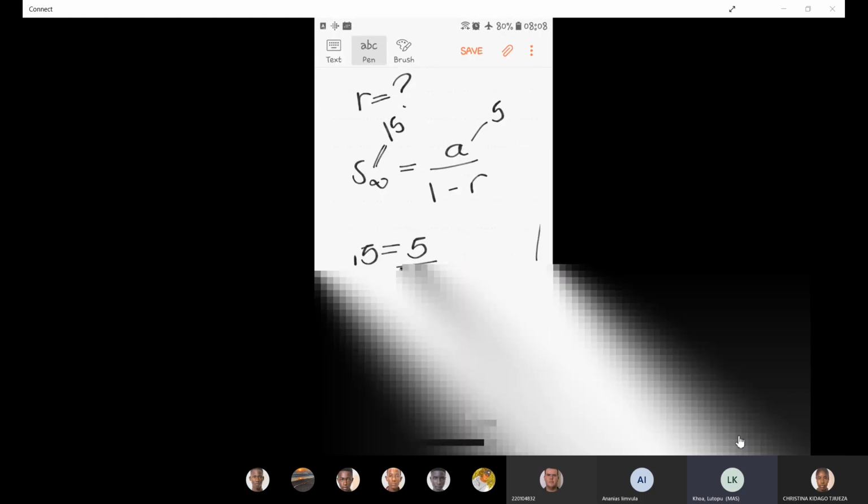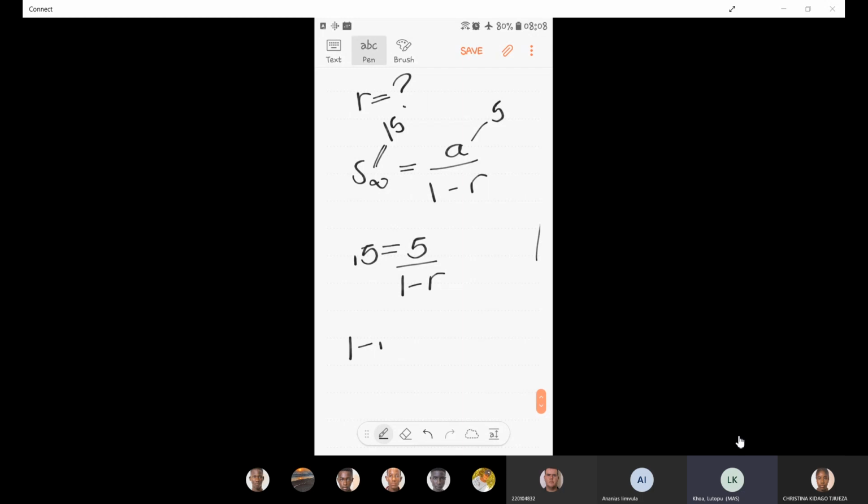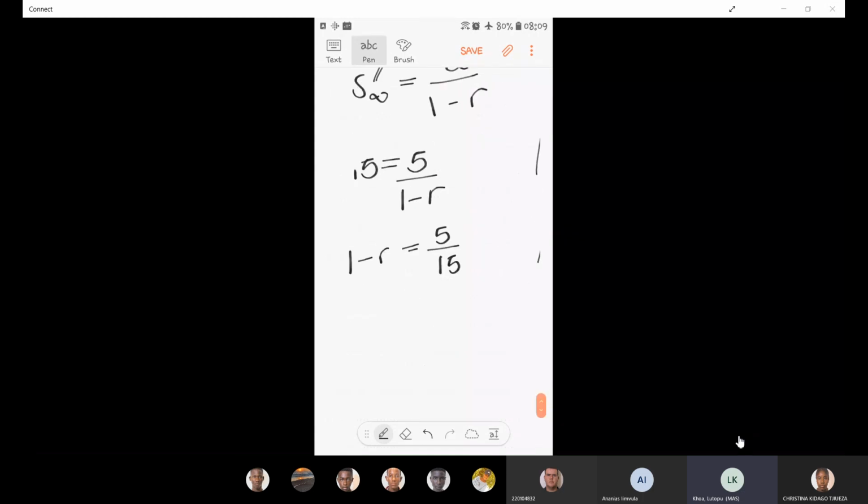Okay, then you can cross multiply, so you have 1 minus R equal to 5 over 15. So you multiply by 1 minus R on both sides, and then you divide by 15 on both sides. So you have 1 minus R equal to 1 over 3.